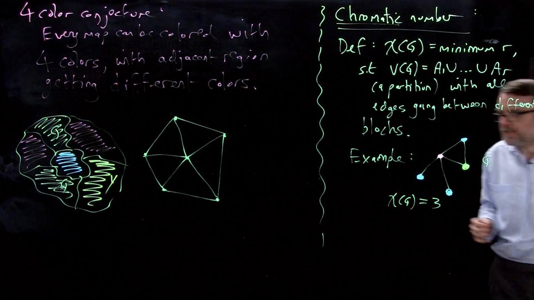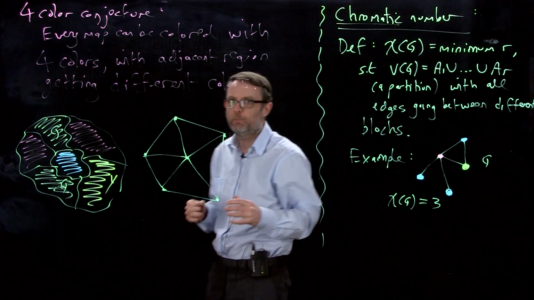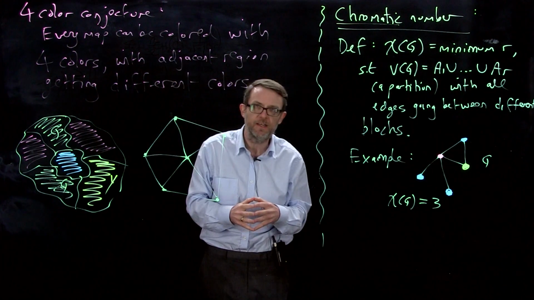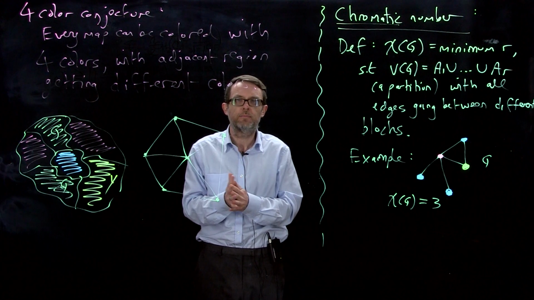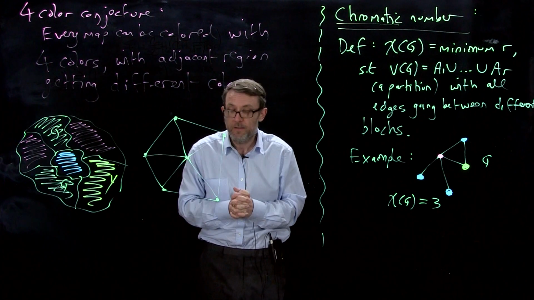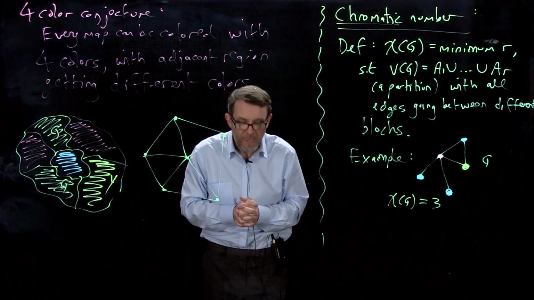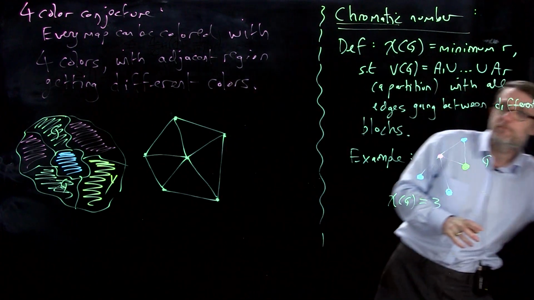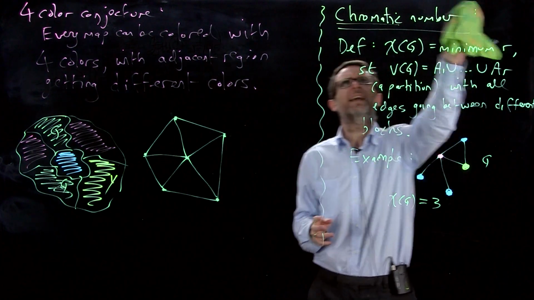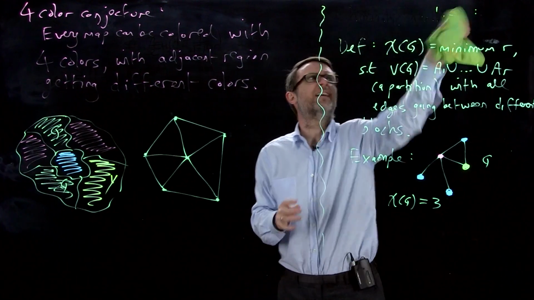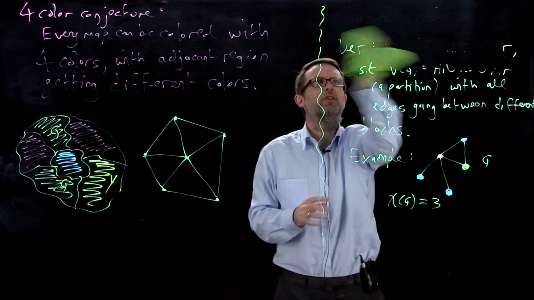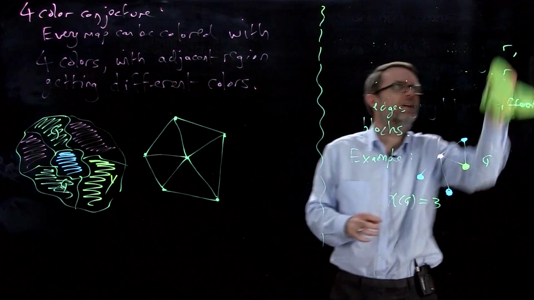So this is an incredibly useful parameter of graphs, and it's one that's been studied extensively since it was first introduced in the mid-1800s. Given how useful it is, it would be nice to think that it's a number that you could pretty easily calculate.